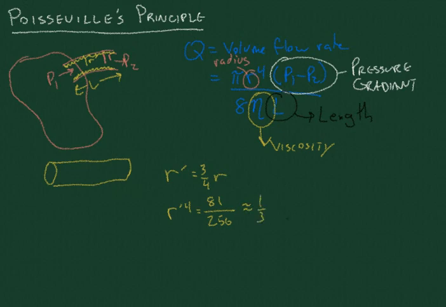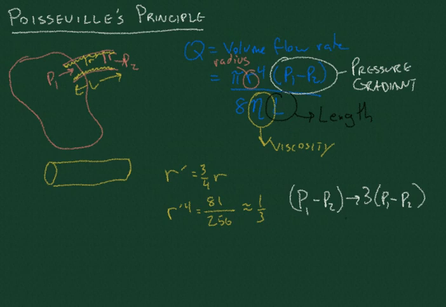So we're saying that the viscosity of the blood is basically going to be the same. The length of the tube is the same. Pi is the same, 8 is the same. So now if the radius to the fourth term has gone down by 1/3, then that means that P1 minus P2 has to go to 3 times P1 minus P2.